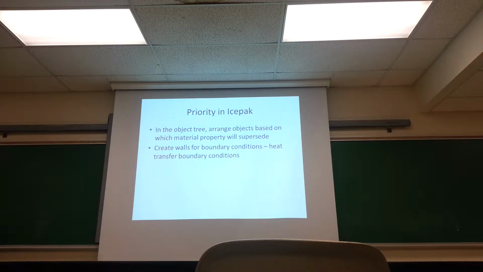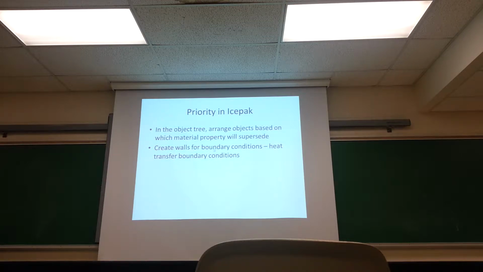Class start. All right. So, the priority in IcePak is, in the object tree, we know that you have to arrange objects based on which material property will supersede. So, we'll go over that. Now, the most important thing is, you got to create walls for boundary condition.